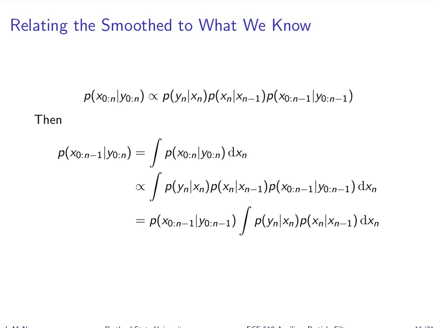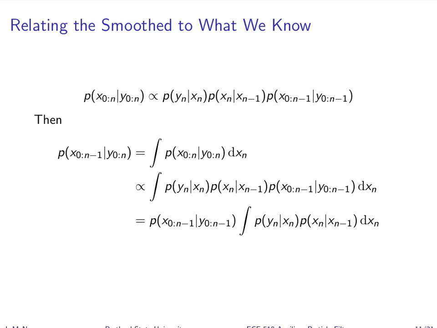So let's look at what happens when we do that. Our joint posterior is proportional to this. This is the smoothed posterior that we're after, and it can be written as an integral where we're integrating out the most recent element of the state vector of our joint posterior. If we substitute this in, and again it's only proportional to, within a constant scaling factor, the smoothed posterior is proportional to this integral with the expression substituted in.